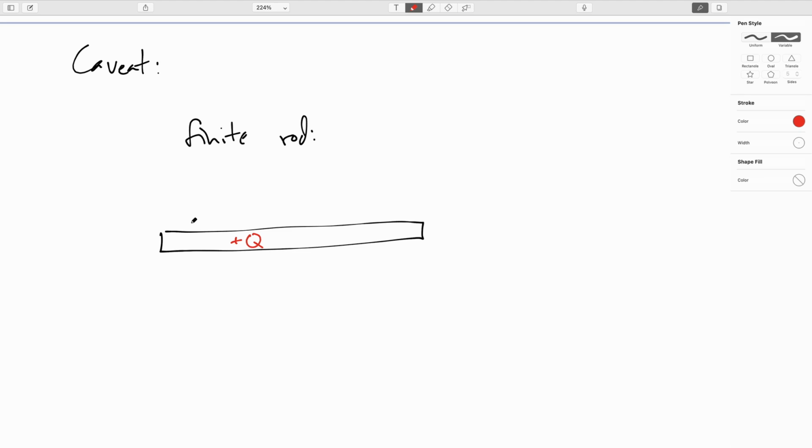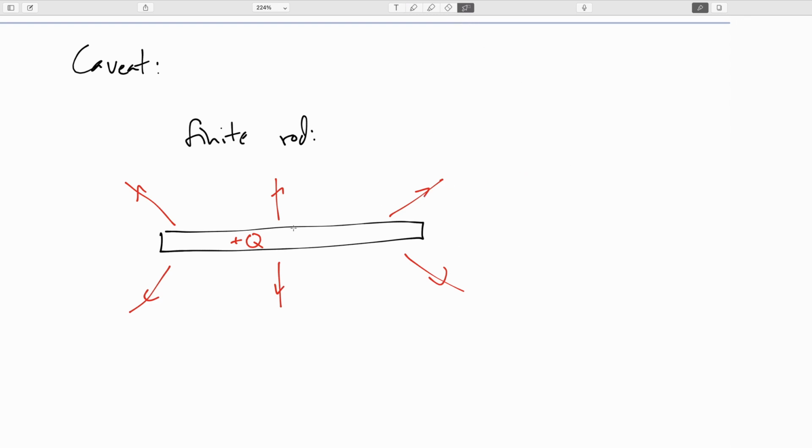Well, one way it could look, and this turns out to be the correct way, would be like this in the immediate vicinity. Something like that. This is roughly right.